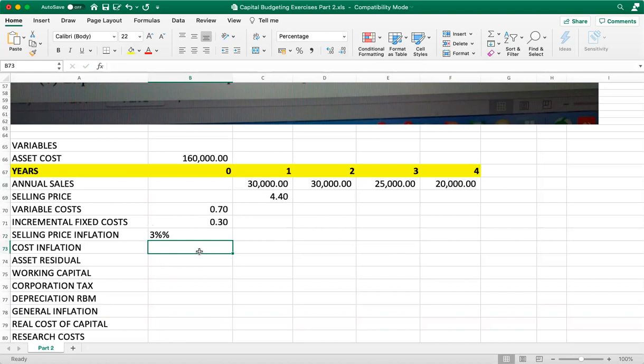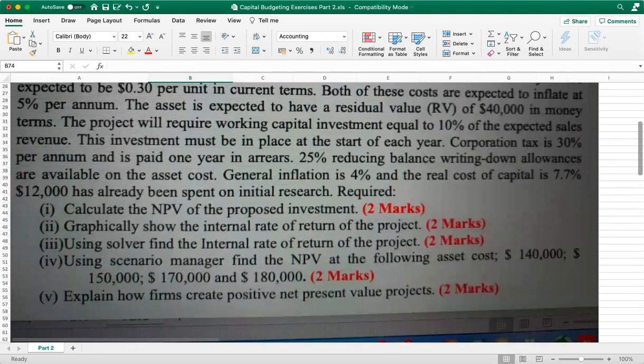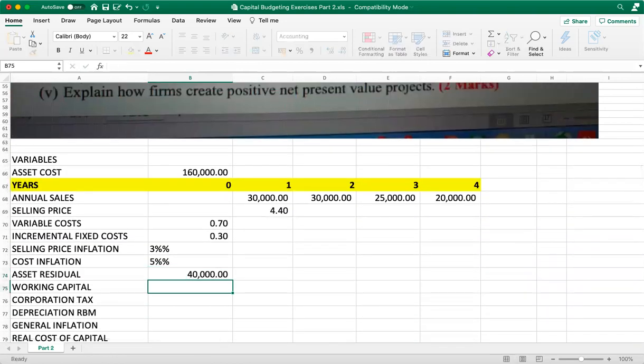Cost inflation, 5%. The residual value, according to this question, the asset is expected to have a residual value of 40,000 in money terms. So residual value is 40,000. Working capital is 10% of sales revenue. So 10%.